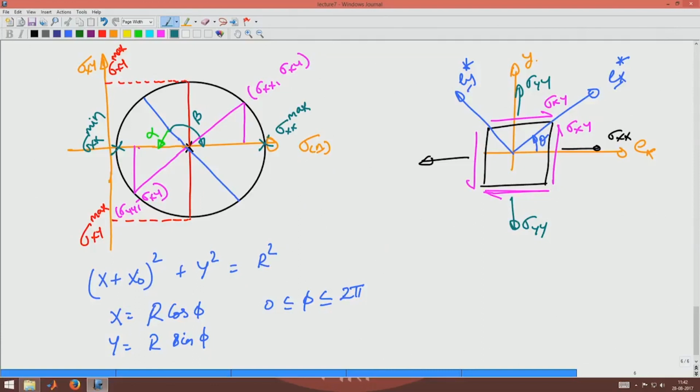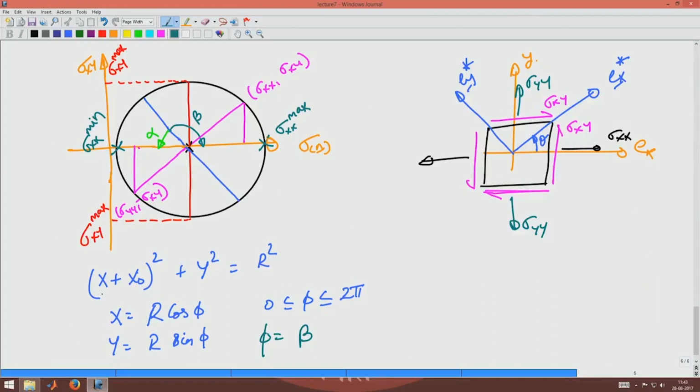Let us see, if phi is more than 90 degrees, x would have a negative value, here x has a negative value and y has a positive value. So, beta is phi. It means that from this stress state I have to rotate by a clockwise angle of beta to reach the x axis, that is what this phi means.